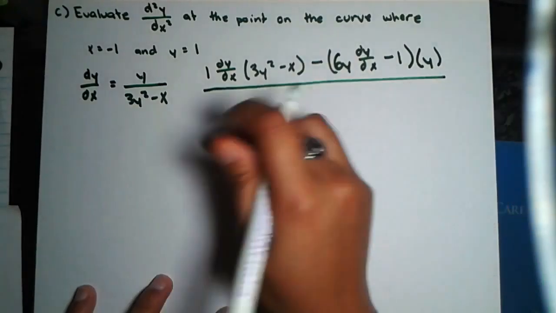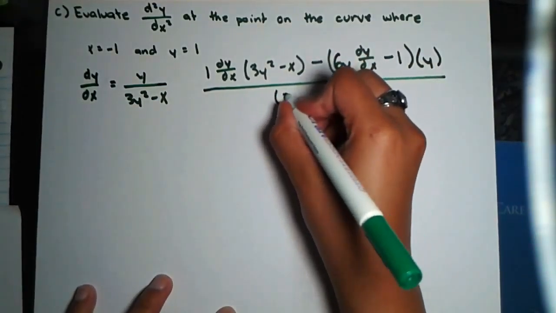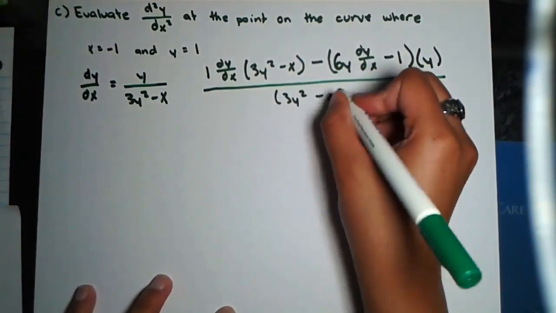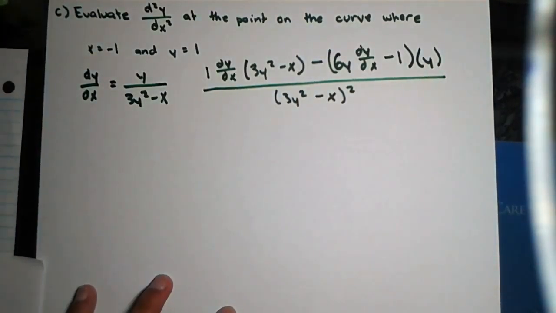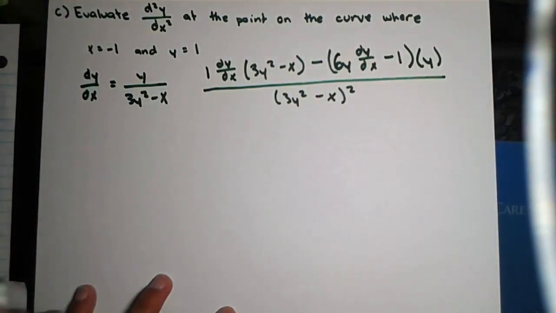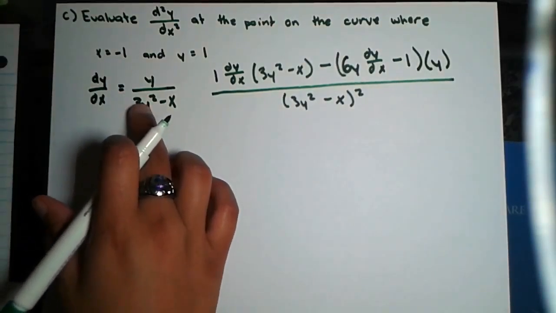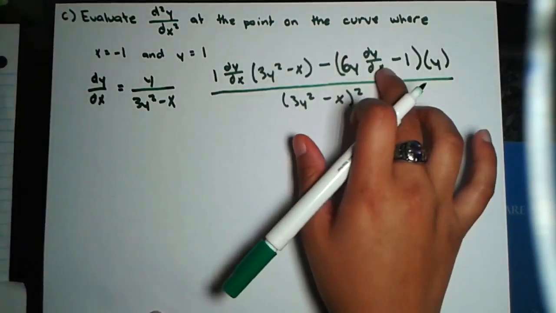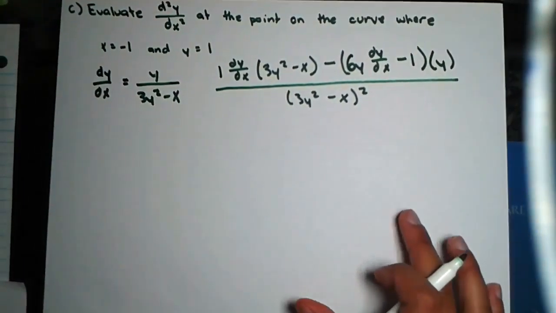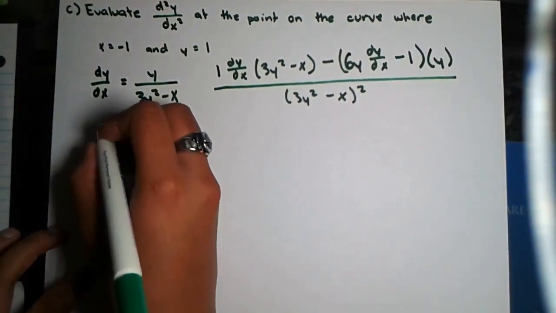And that's all over the denominator squared. And since we were already given the dy/dx, we can just plug that dy/dx into the second derivative portion.